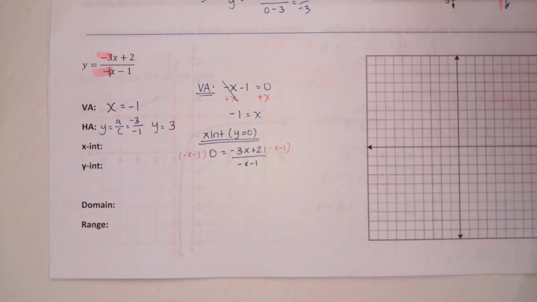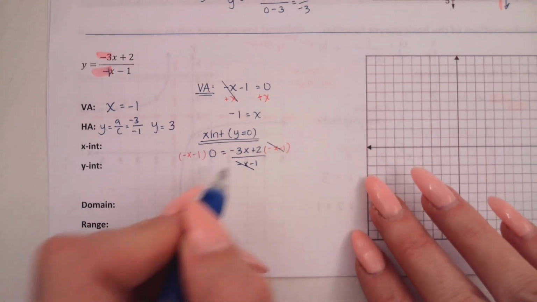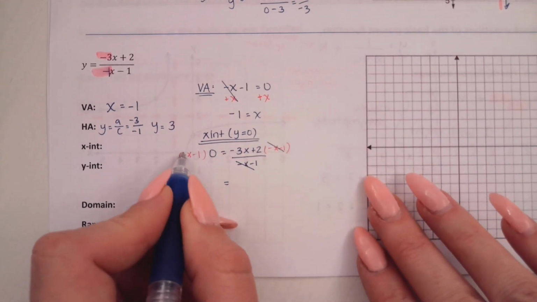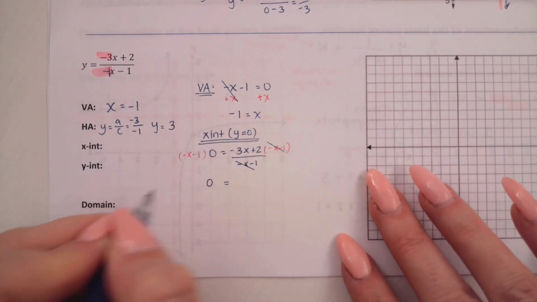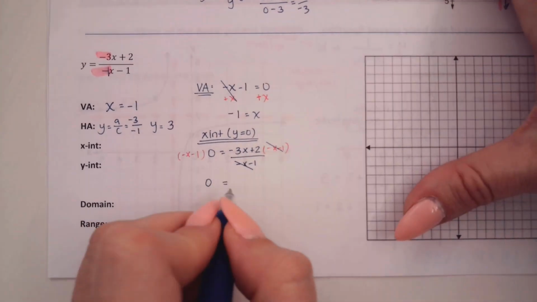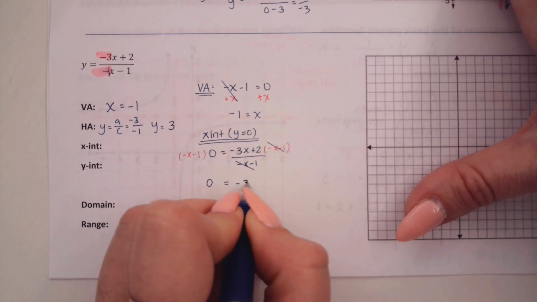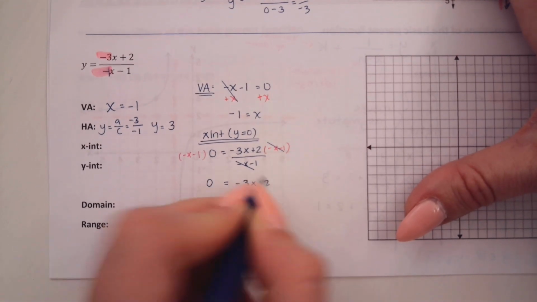Cancel that. What happens to it on the left-hand side? 3x minus. What's anything times 0? So negative x minus 1 times 0 will be 0. Kind of makes it a lot easier. It's nice that it turns to 0. And then that leaves me with negative 3x plus 2.